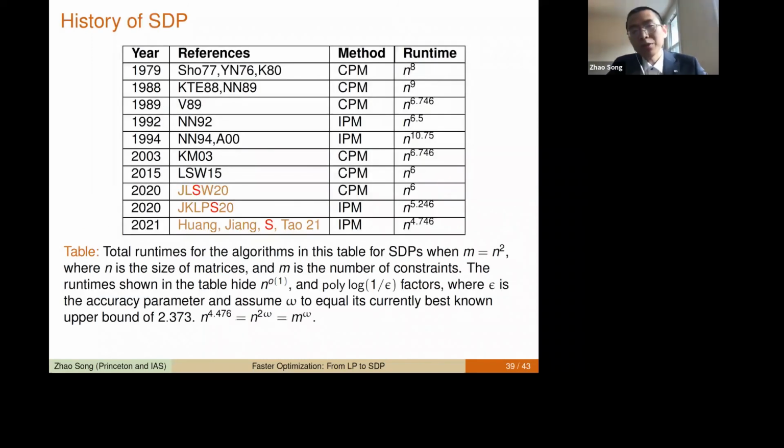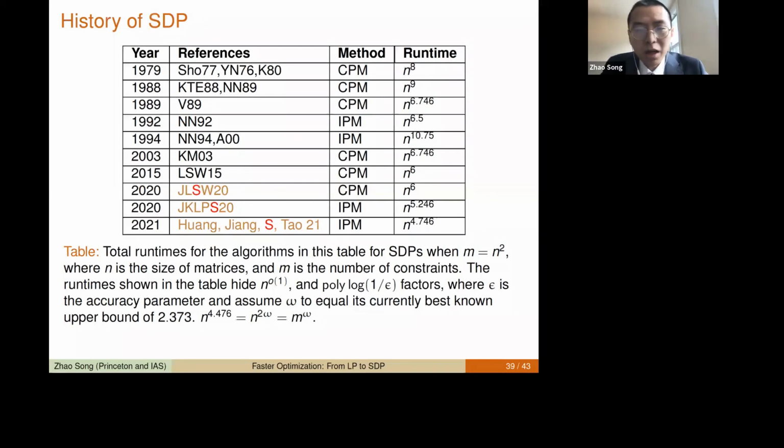Here I would like to give you a brief history of SDP. There are a number of previous results, and the results for SDP are mainly of 2 lines. The first line uses the cutting plane method, called CPM here, and the second line is called IPM, the interior point method. As you can see from the table, at the beginning these algorithms run very slowly, like n to the 9 or n to the 8.